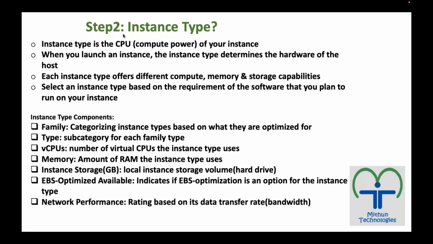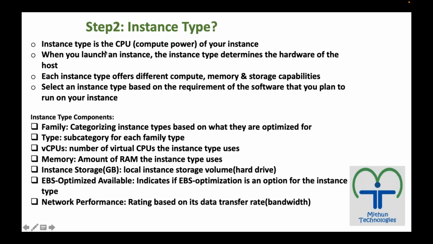Instance type. What type of instance do you want to create? So instance type is basically the speed, the power of your system. Instance type determines the power of your computer, how fast your server is.